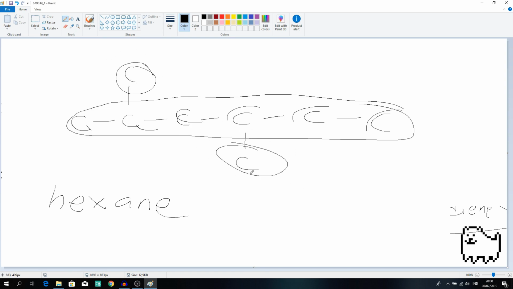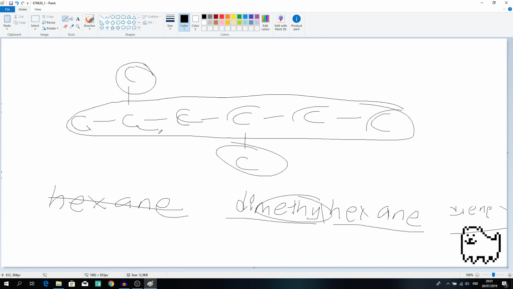So we have 2 methyl groups here, that makes it dimethyl. Specifically dimethyl hexane. So we know that this hexane has 2 methyl groups attached to it.